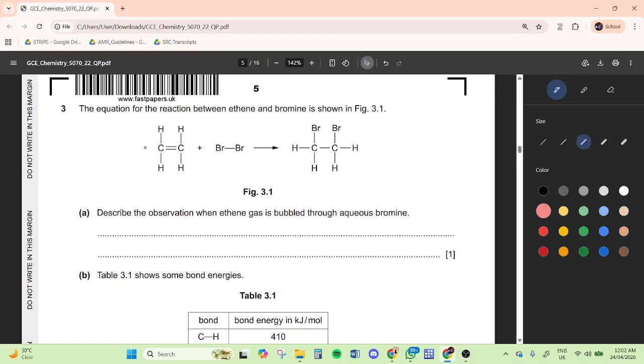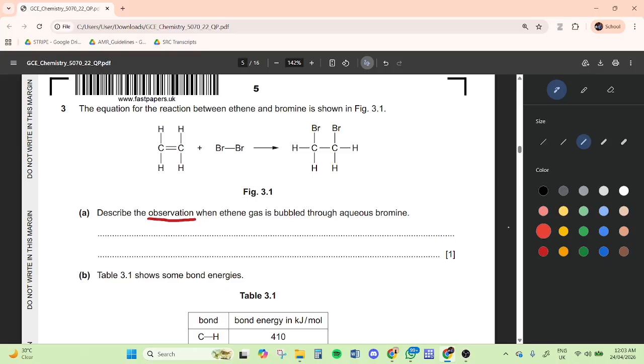So because we have a double bond, we know that whenever you pass an unsaturated hydrocarbon through aqueous bromine, it gets decolorized. So in the same vein, we're going to say that the aqueous bromine goes from, so remember, you're describing the observation. So you're going to write down what you're seeing.